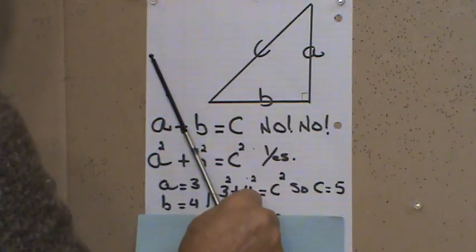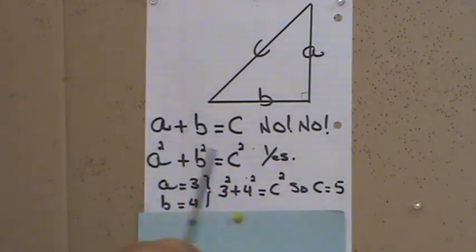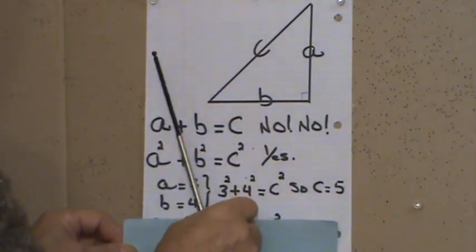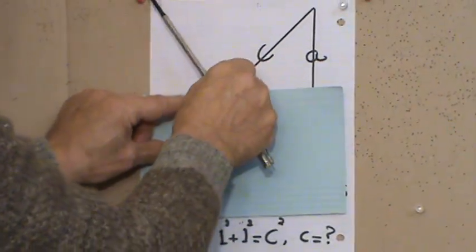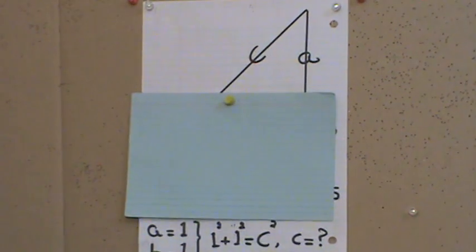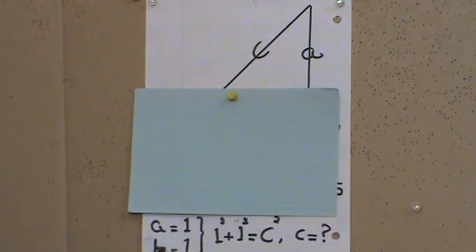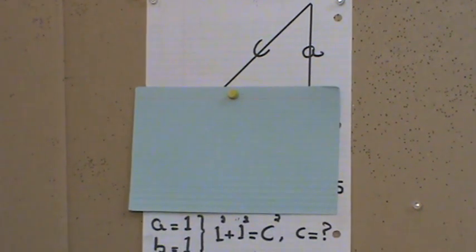Now I'll go back to this 3, 4, 5 triangle. The question that comes from this is: what happens if the sides of our triangle, a is 1 and b is 1? Then according to the Pythagorean theorem, 1 squared, which is 1, plus 1 squared, which is 1, so c squared should be 2.